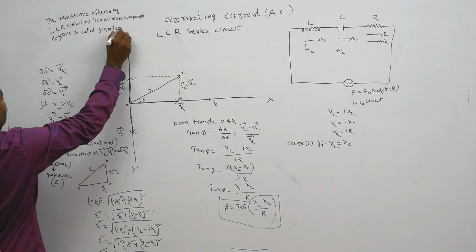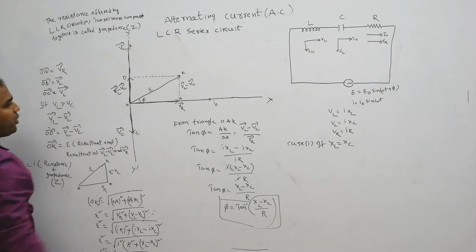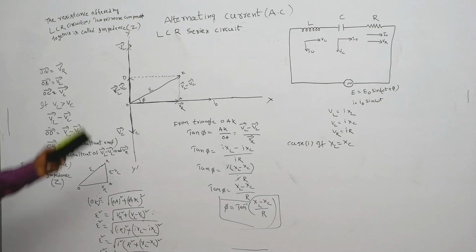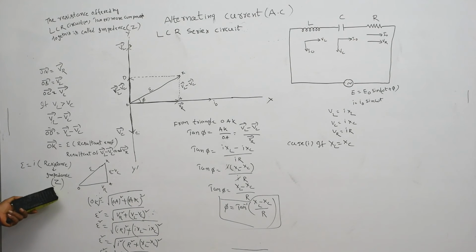It is denoted by letter Z. The resistance offered by an LCR circuit or two or more components together is called impedance Z.